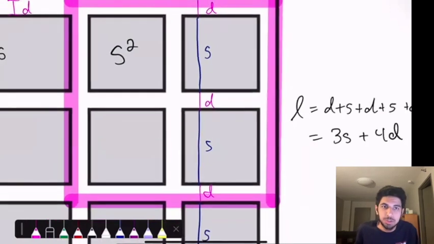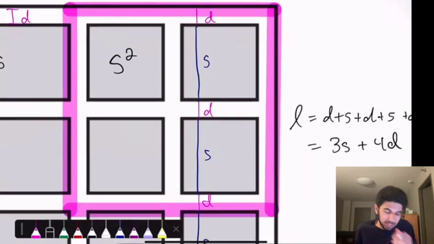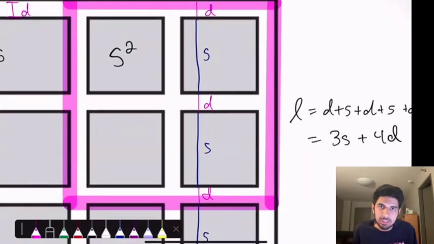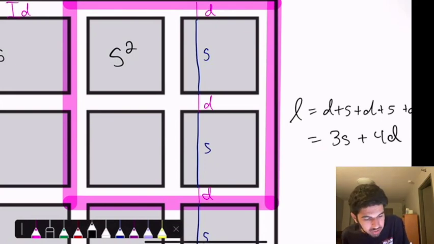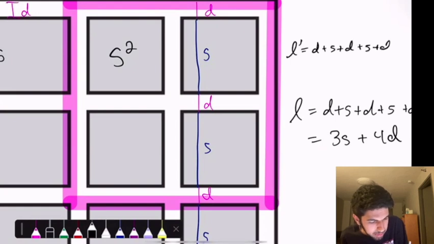Now there are 2 squared gray tiles, so 4 total, and we have that border. So the side length of the pink square, I'll call it L prime, is going to be d plus s plus d plus s plus d, which is equal to 2s plus 3d.